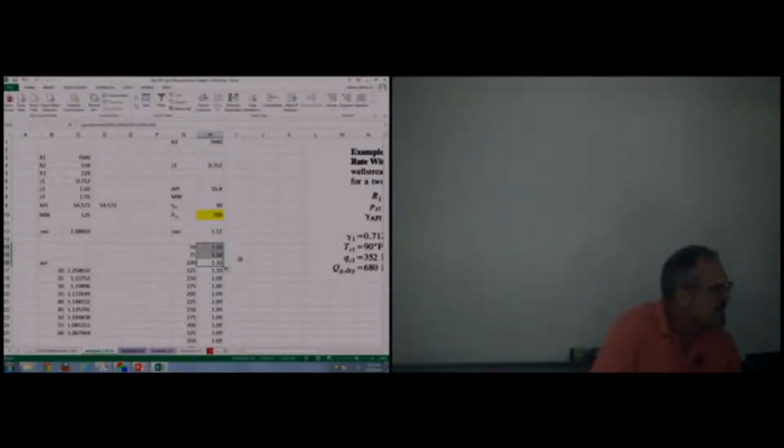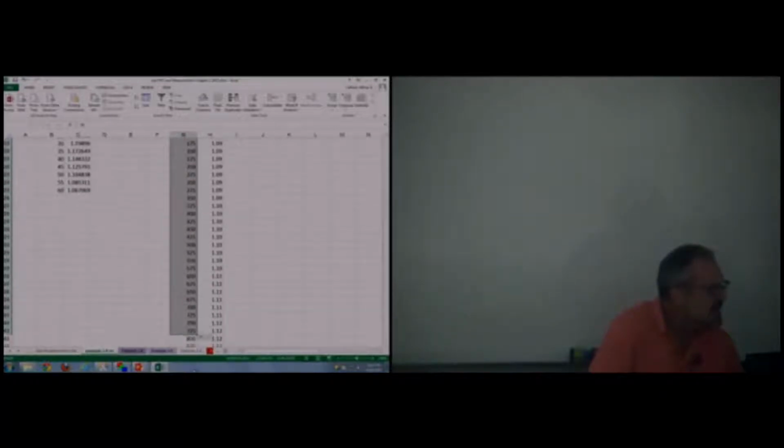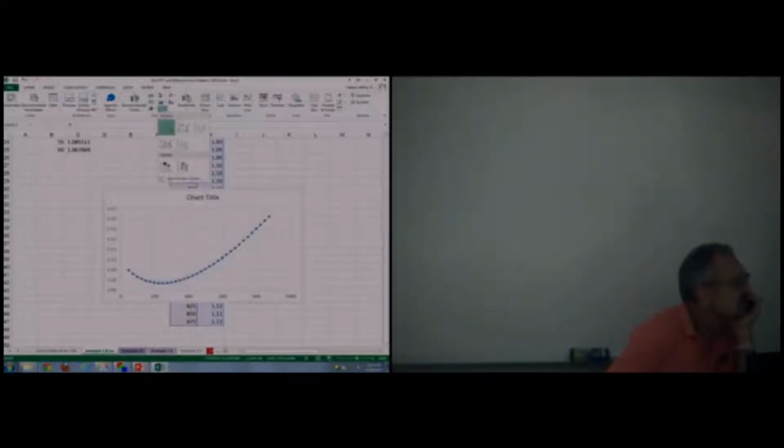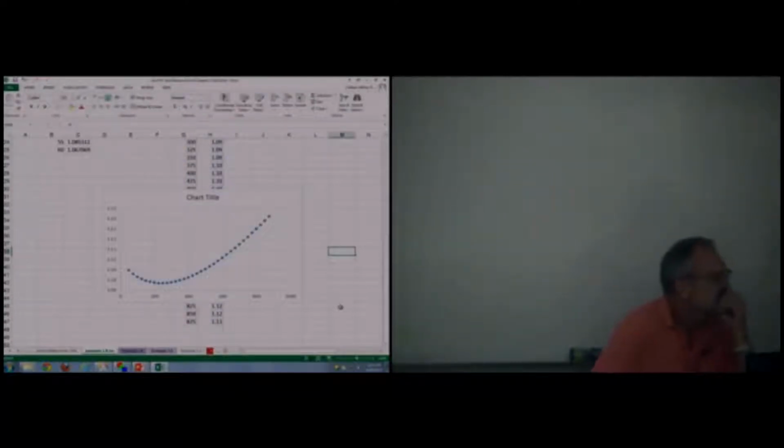Now, in the problem I gave you, I tell you that you were running at 90 degrees. So let's see what my gas gravity looks like as a function of separator pressure.